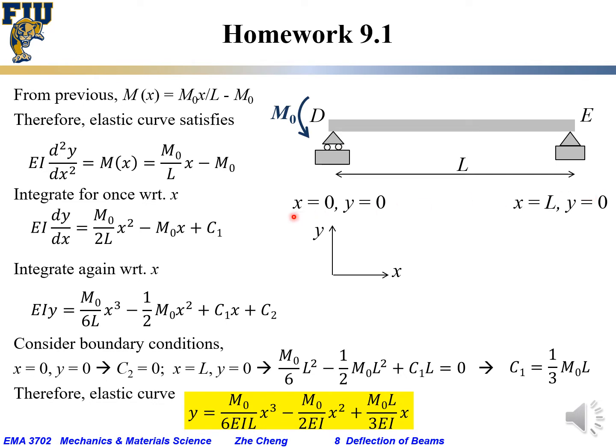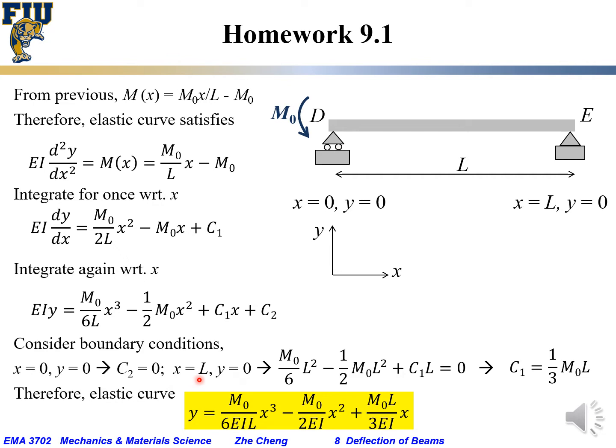Let's put the first boundary condition in. X equals 0. The first term is 0, second term is 0, third term is 0. So y is 0 means the C2 constant is 0. Then for C1, let's consider another boundary condition.